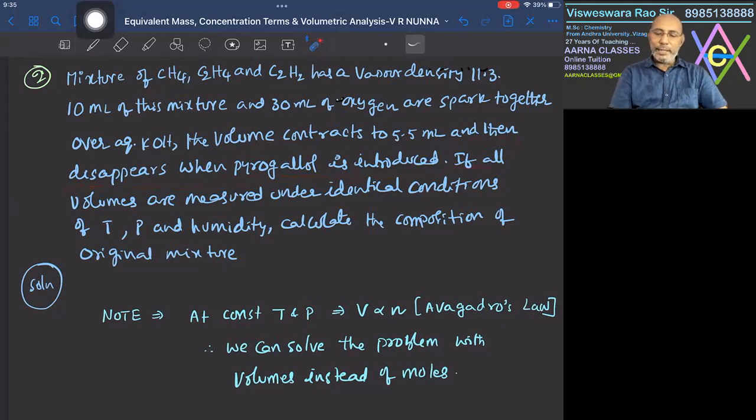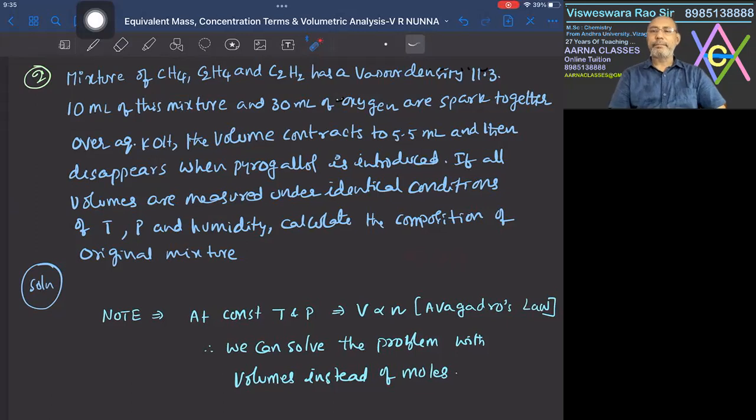If all the volumes are measured under identical conditions of temperature, pressure and humidity, that means the paper setter is clearly telling temperature, pressure and humidity are constant throughout the calculation. That means volume is directly proportional to number of moles, and the paper setter is suggesting that we solve the problems directly in volumes instead of number of moles.